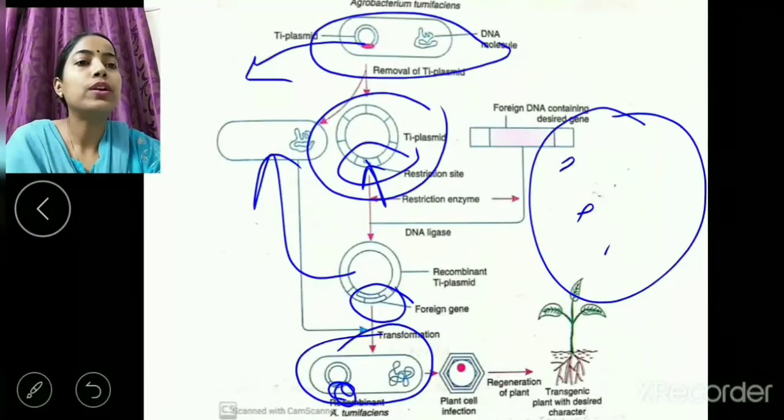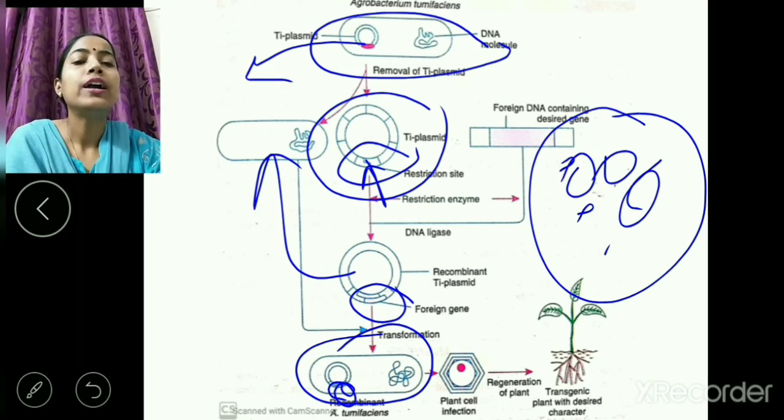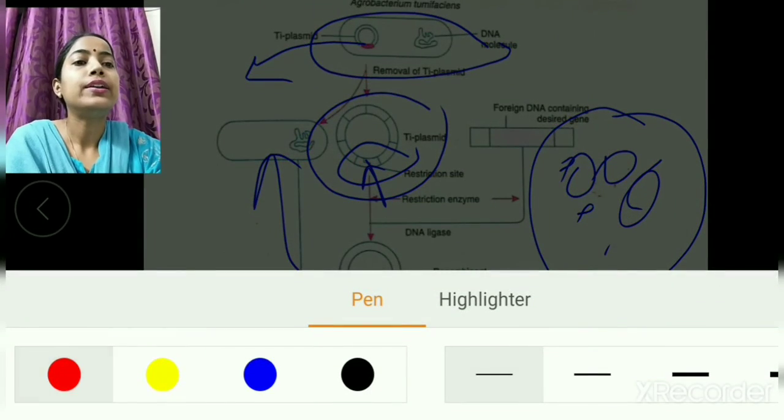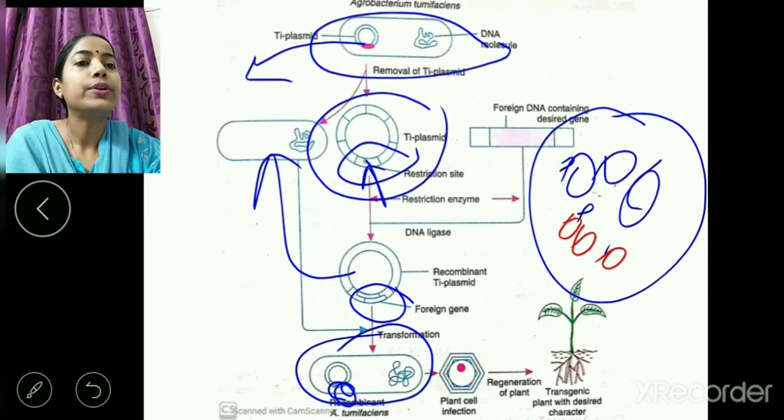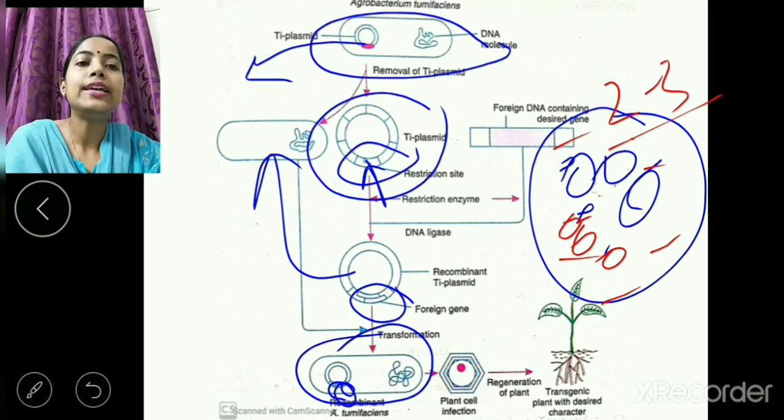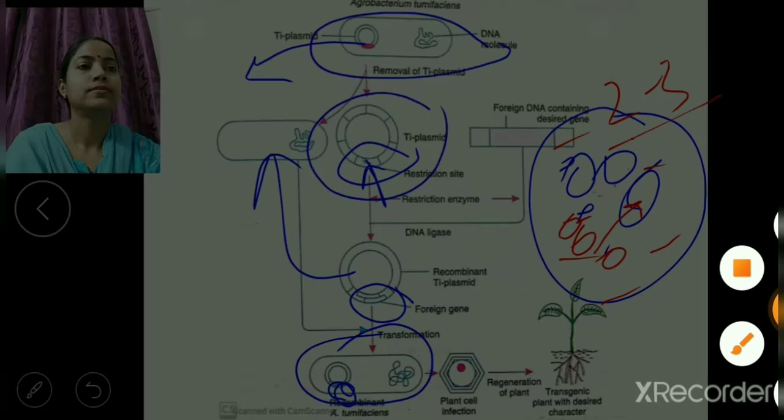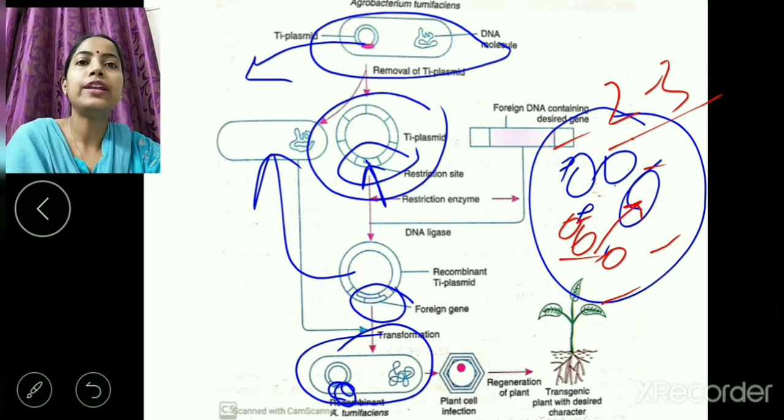Suppose in the blue color I am showing the plant cells, and the red one I am showing the Agrobacterium tumefaciens. For 2 to 3 days we will co-cultivate them in the growth medium. After that, what will happen? Obviously their tDNA region will transfer. The bacteria injects its Ti plasmid into the plant cell, and this Ti plasmid, carrying a foreign gene, will be inserted into the plant chromosome.